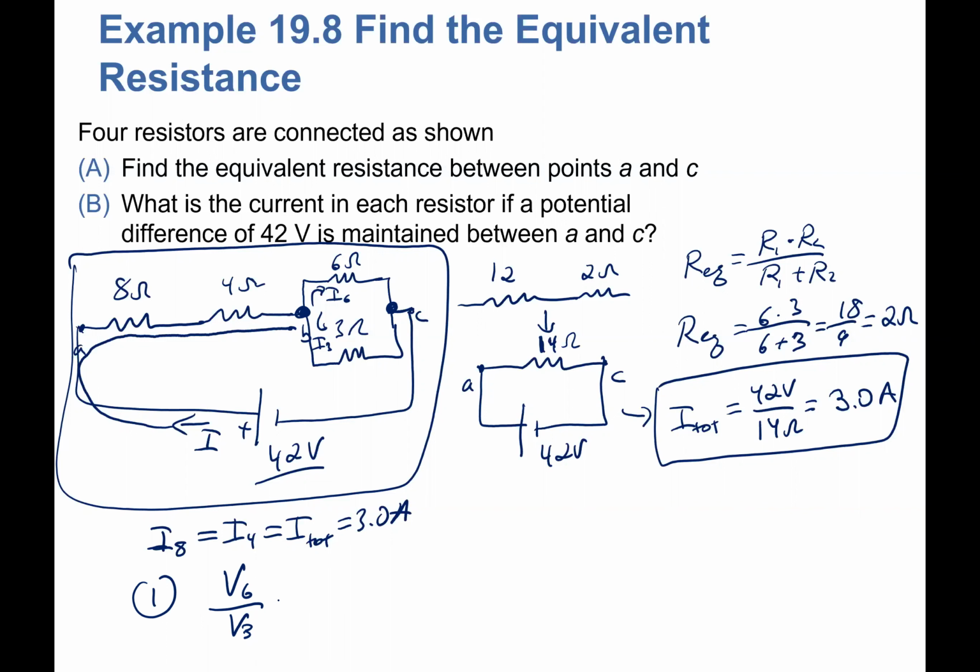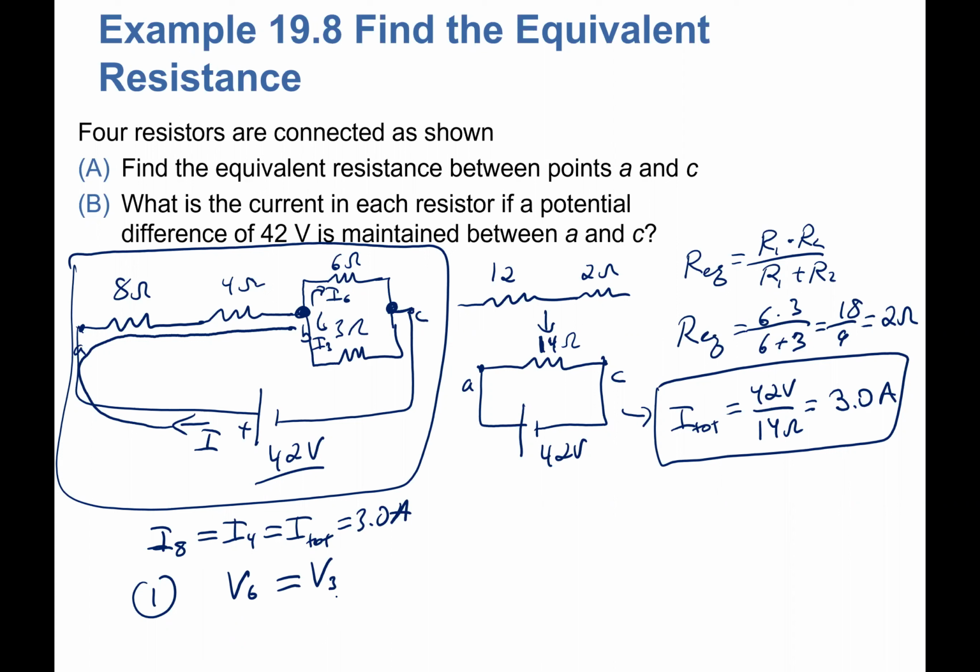Okay. Now, voltage across 6 using Ohm's law is the current through 6 times 6 ohms. It's probably easier to do it like this: voltage across 6 equals voltage across 3.